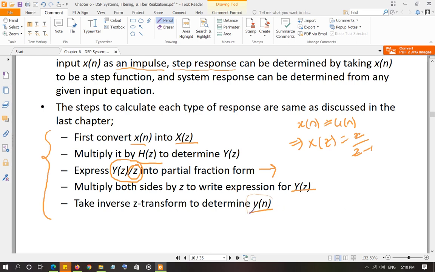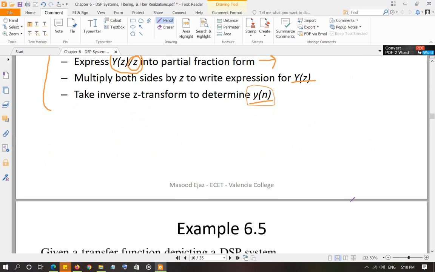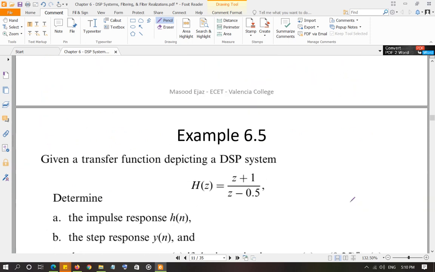So don't leave it as Y(z) and assume that it is the system response. No, system response means you are giving the response in the time domain, and you have to represent y(n). And it is not a difference equation. It is a closed form solution that you can plug any value of n into and determine the value of y at that instant. So that's basically your system response from the transfer function.